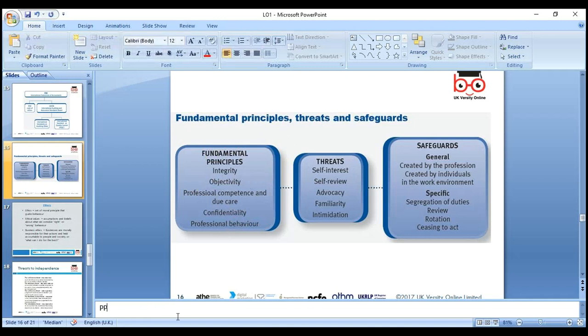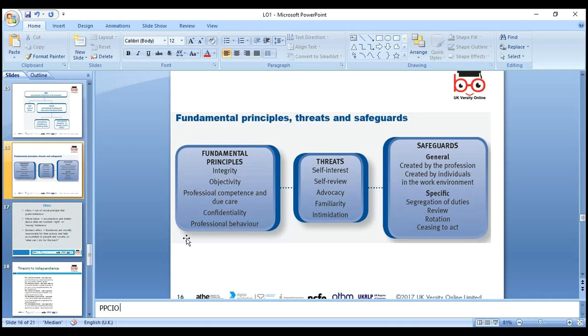The word to remember is PPCIO, popular people chat in offices. P stands for popular, P stands for people, C stands for chat, I stands for in, and O stands for offices.